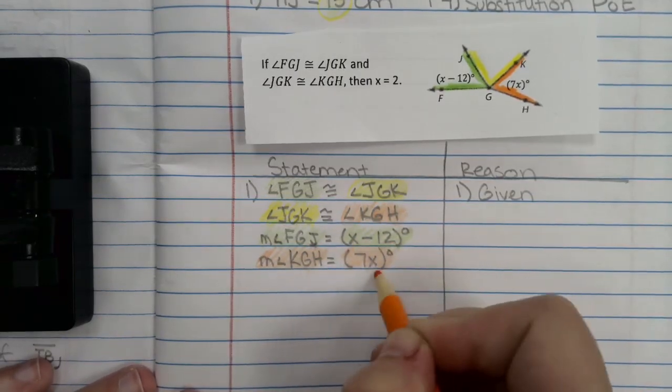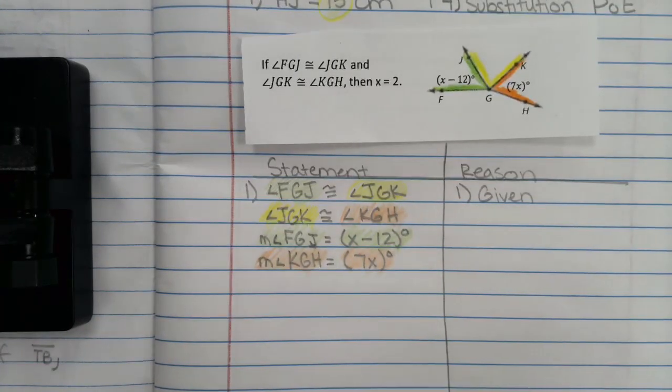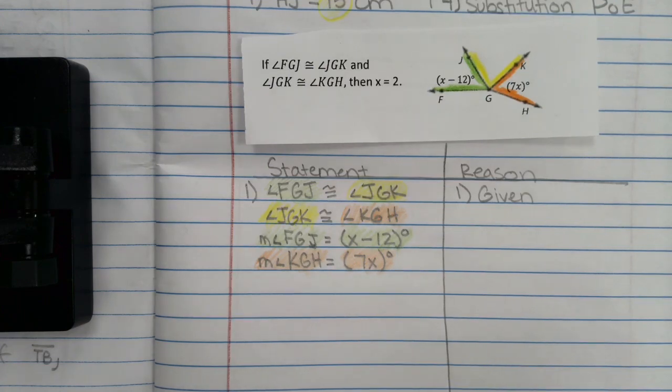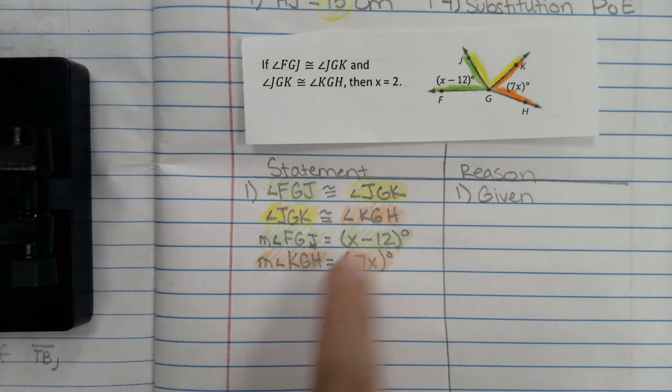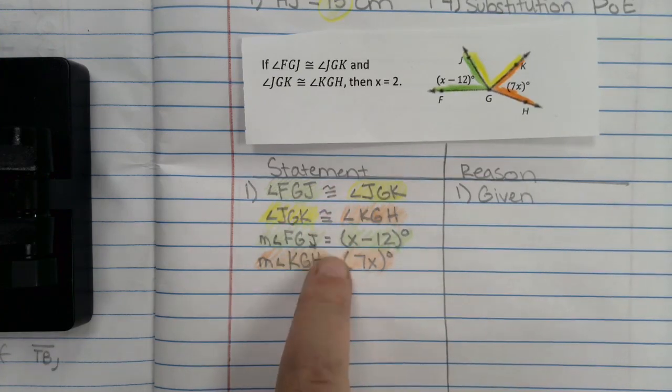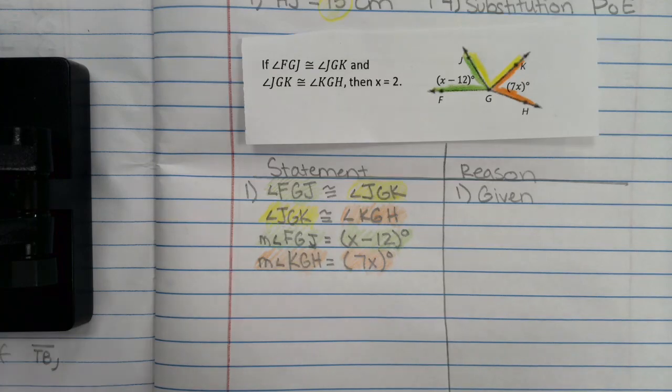So we are actually given 4 pieces of information to start off this proof. Kind of a lot. So eventually we want to come from these congruent symbols into saying that x equals 2 based on these congruent statements and these equality statements.